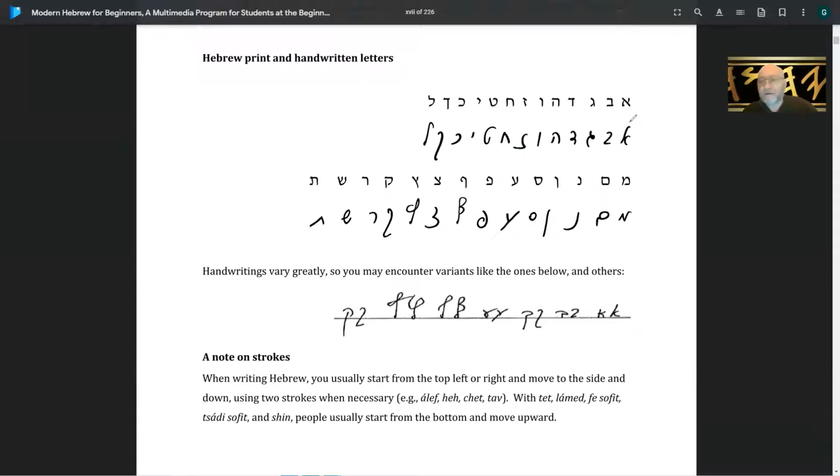Okay, so the Zayin is almost like this, like a sloppy S. It's hard to approximate here. Maybe like that.